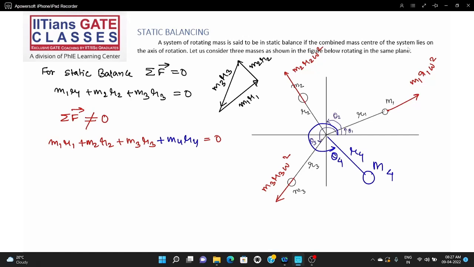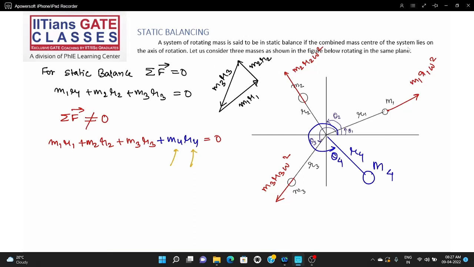Either M4 will not be known, or R4 will not be known, or theta 4 will not be known, right? Two out of the three variables will not be known. You'll have two equations, one cos theta equation and one sin theta equation. You can solve for two variables.